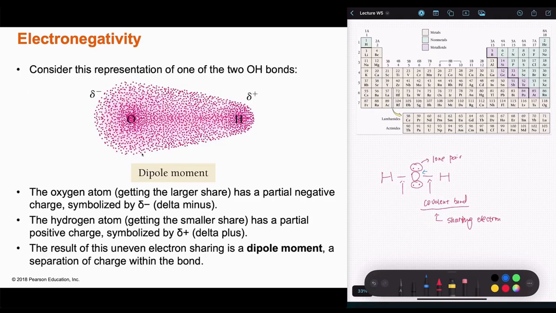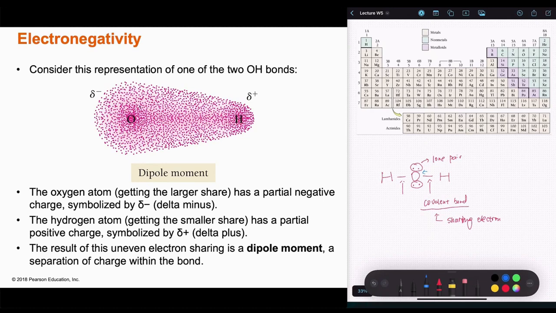This picture clearly shows the electrons are closer to the oxygen compared to the hydrogen. Just for your information, each little dot doesn't really represent a single electron. We call this an electron cloud. The dots represent the possibility of finding the electron near certain places.